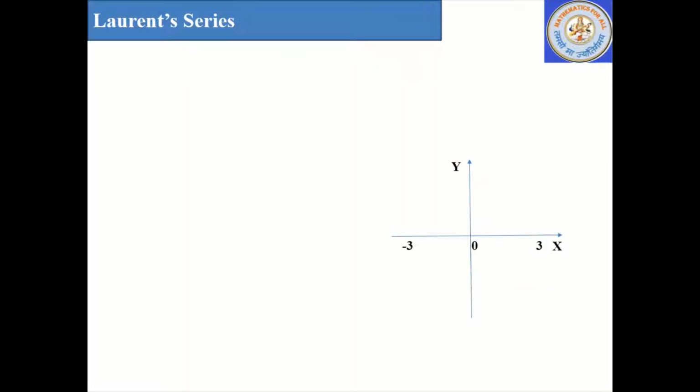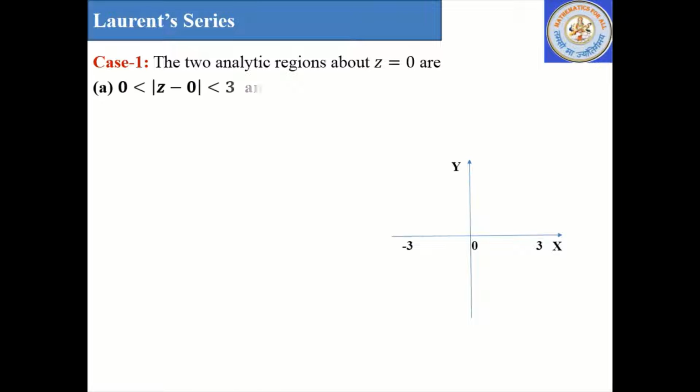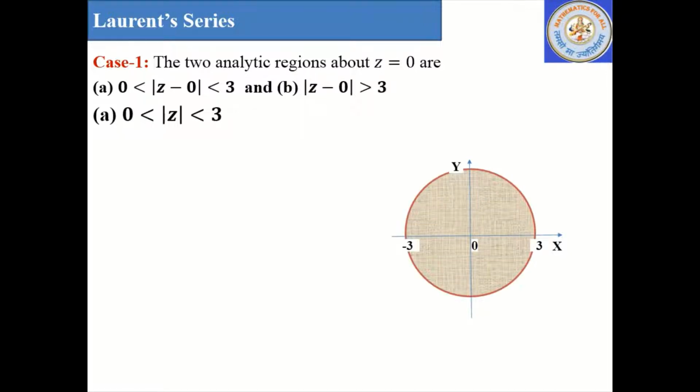Here we start with the point z equals 0. For this point we have two domains: one where mod z is less than 3 and greater than 0, and the other where mod z is greater than 3. So this is the first domain, by considering z equals 0 as a singular point.